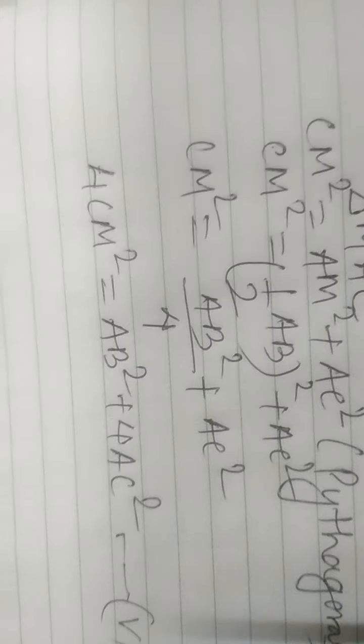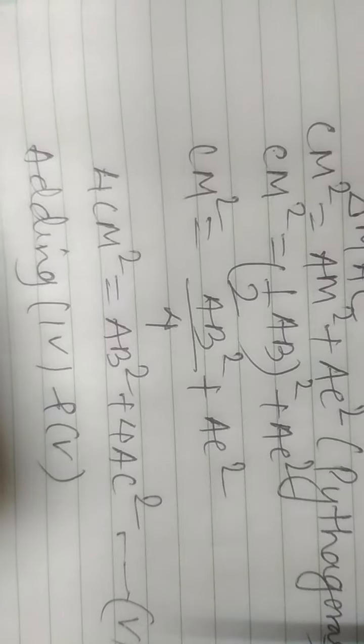Now adding equations 4 and 5, we get 4BL square plus 4CM square equals 4AB square plus AC square plus AB square plus 4AC square.